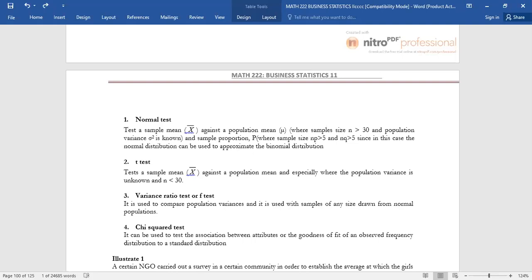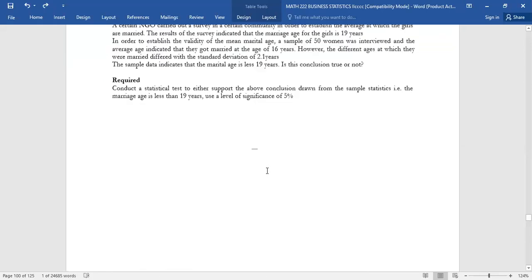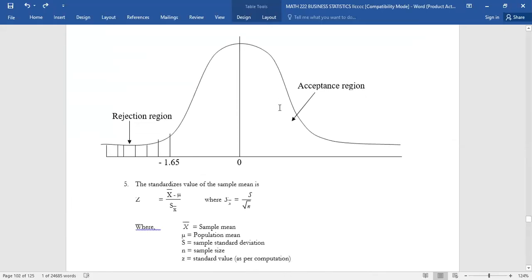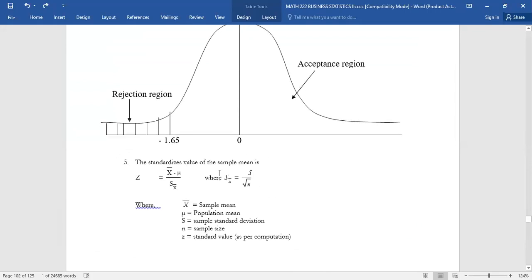So can we do that? How do you get the Z score for the sample mean? We did it in our previous class. So this is the formula: the sample mean, less the population mean, over the standard deviation.